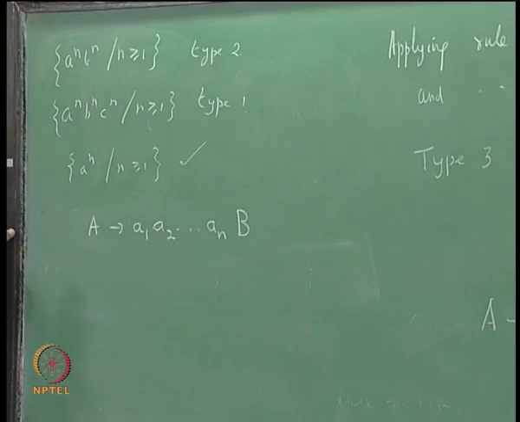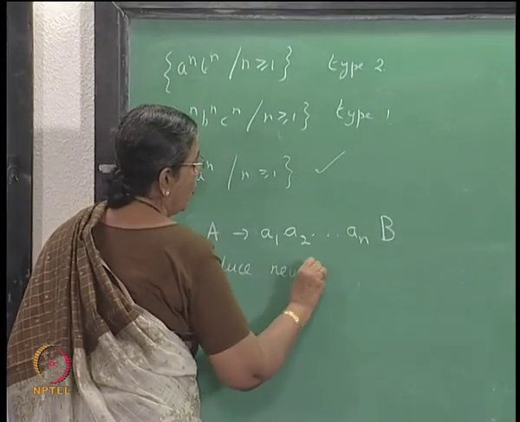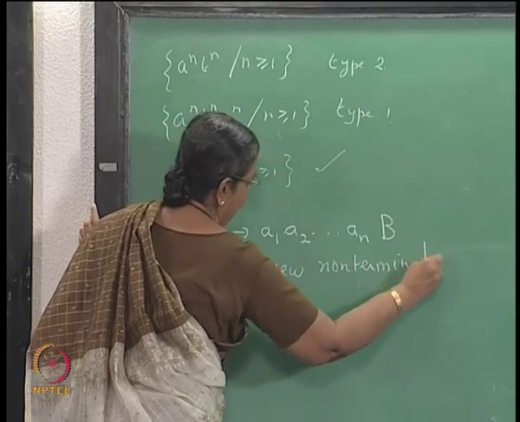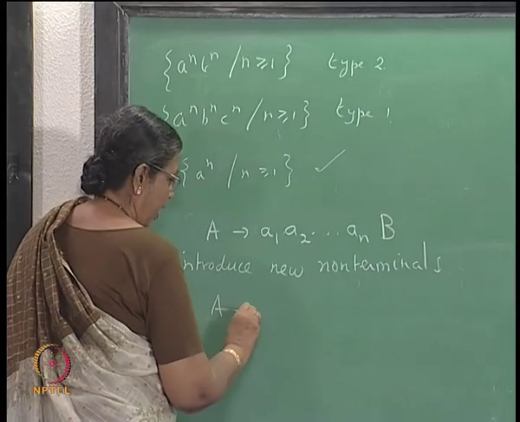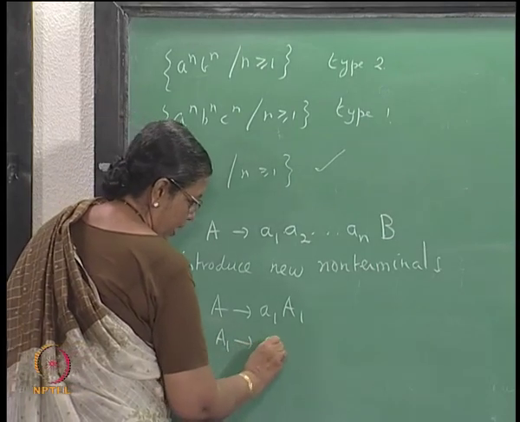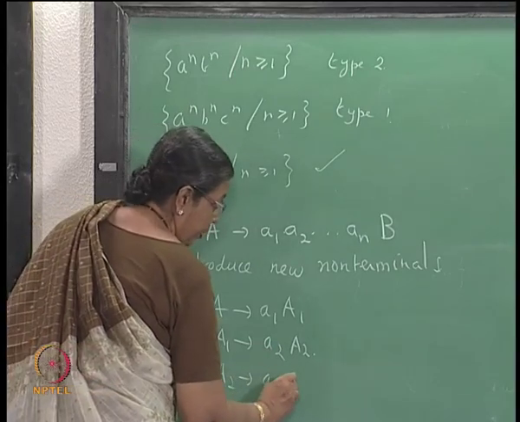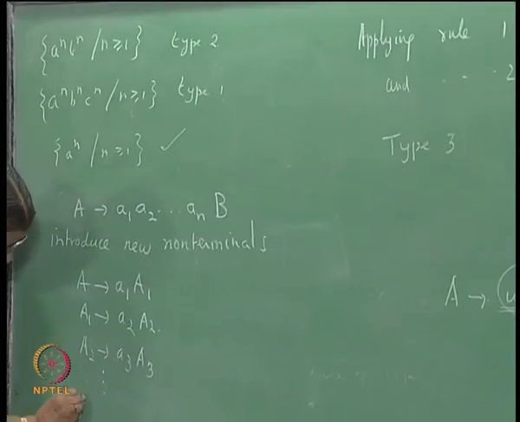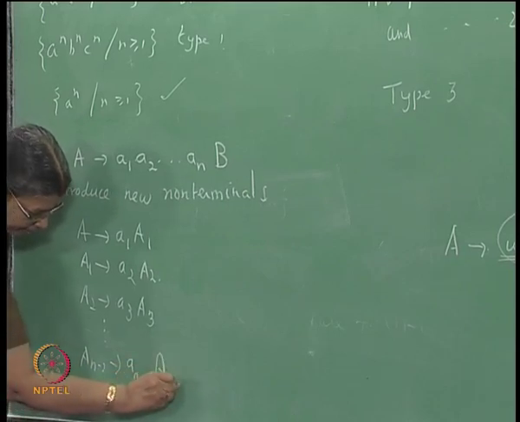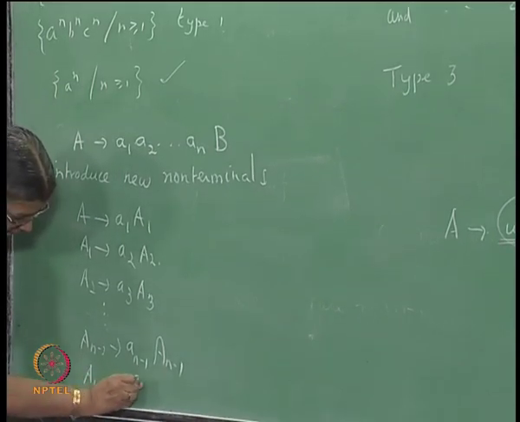I can introduce new non-terminals: A going into A1 A1', A1' goes to A2 A2', A2' goes to A3 A3', like that up to An minus 2' goes to An minus 1 An minus 1', then An minus 1' goes to An B.